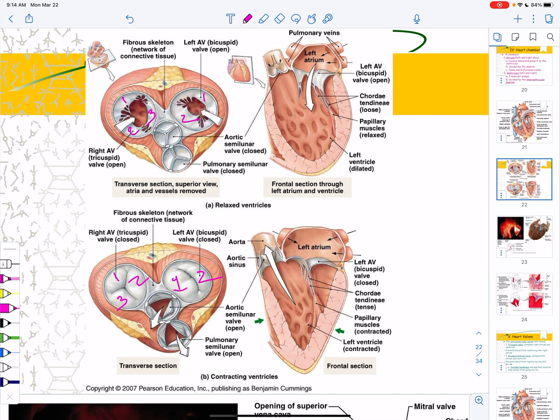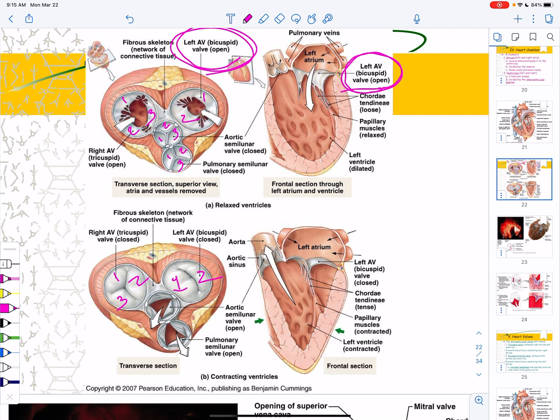All right? Now I want you to notice on the semilunar valves, both have 3. Okay? So only the strongest section of your heart has this bicuspid. All of the other valves have 3 flaps.